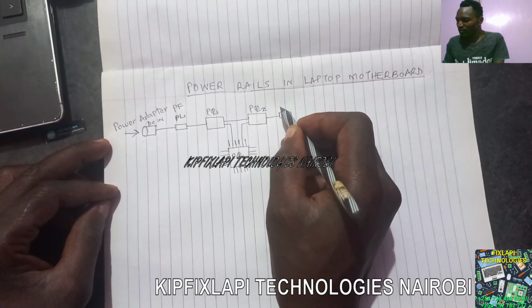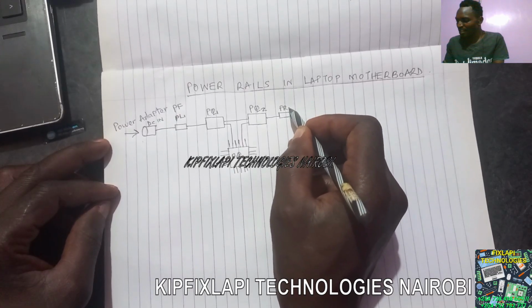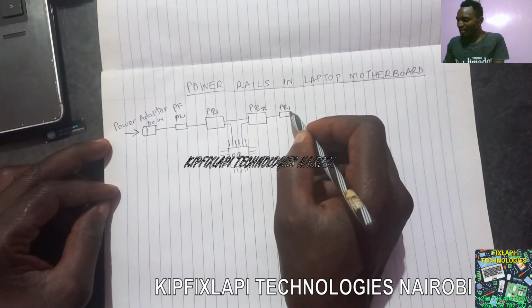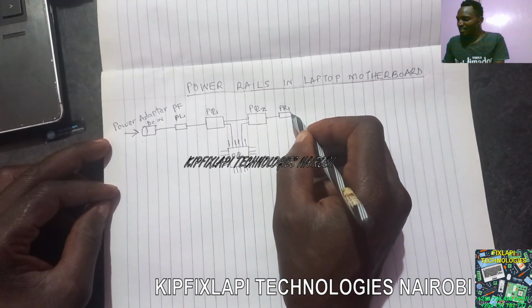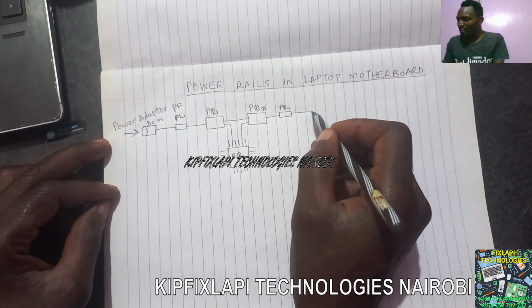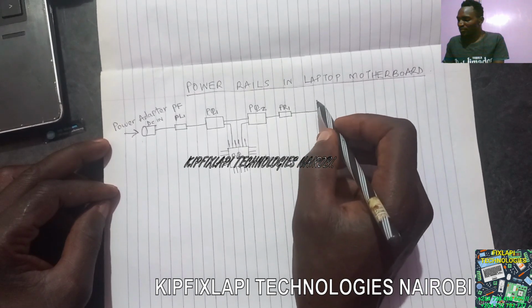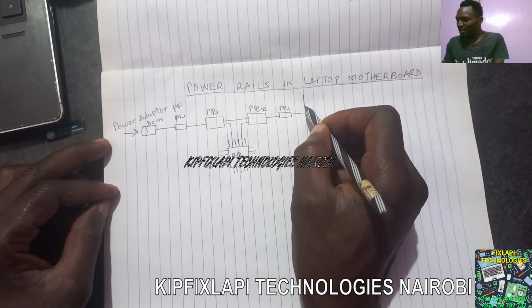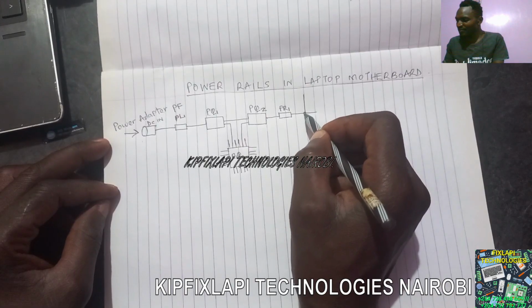We have PR1. Let me call it PR1 because this is the first resistor on the motherboard, or current sense resistor. Then after here, we expect the voltage to go into the motherboard, right? However, in addition, we have another circuit joining this main power from the adapter.